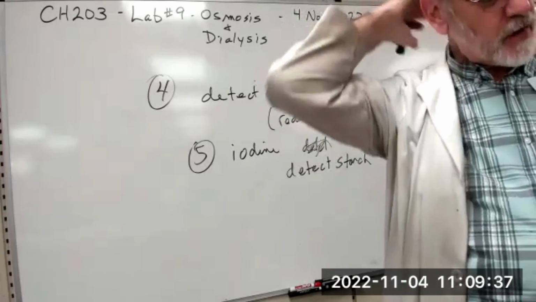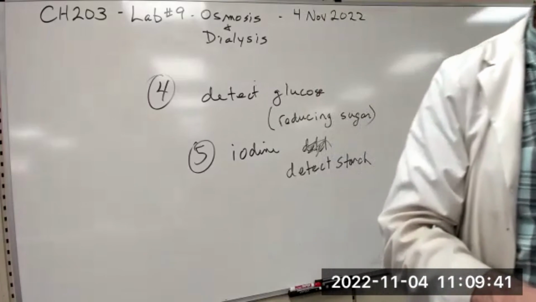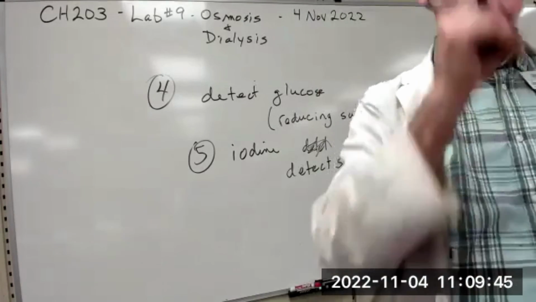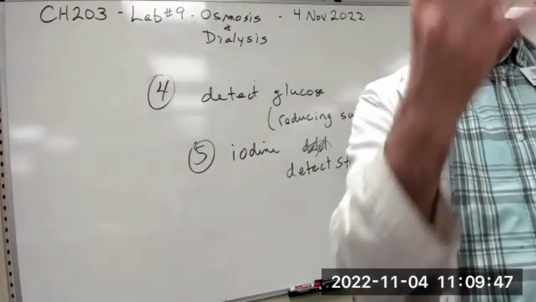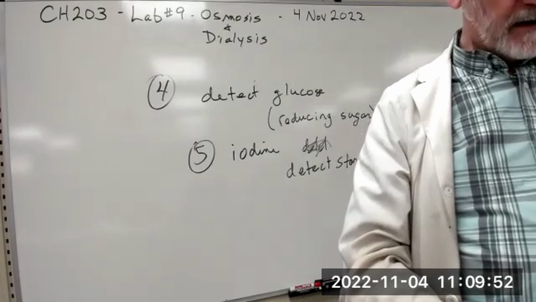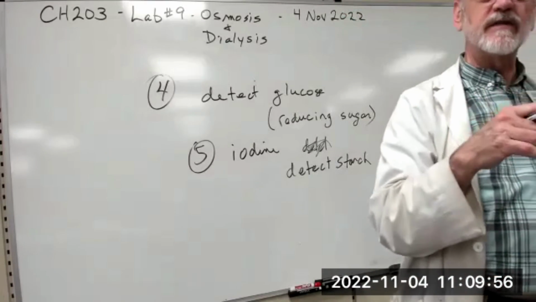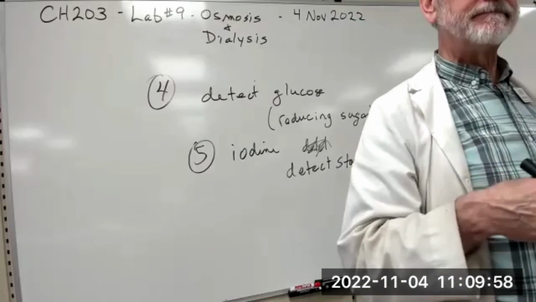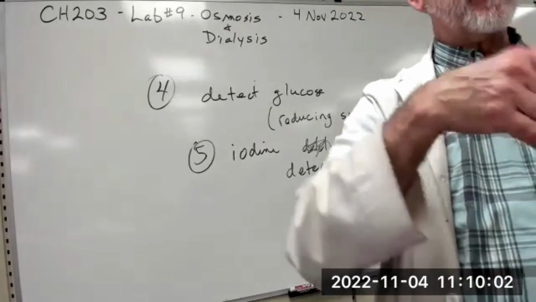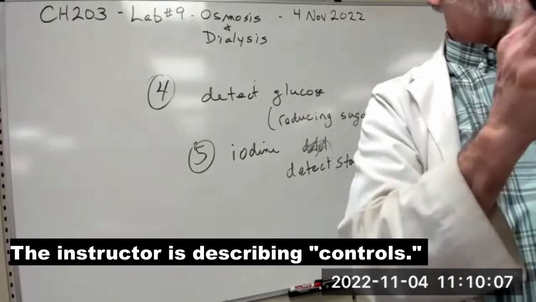And it detects starch. And it's very, very sensitive. Just tiny amounts of starch will give a very noticeable color change. If there's a lot of it, it's going to be almost black. If there's just a little bit of it, it'll be more light blue. And you're going to see the difference when you run your first tests with the pure substances and get an idea of what you're looking for.